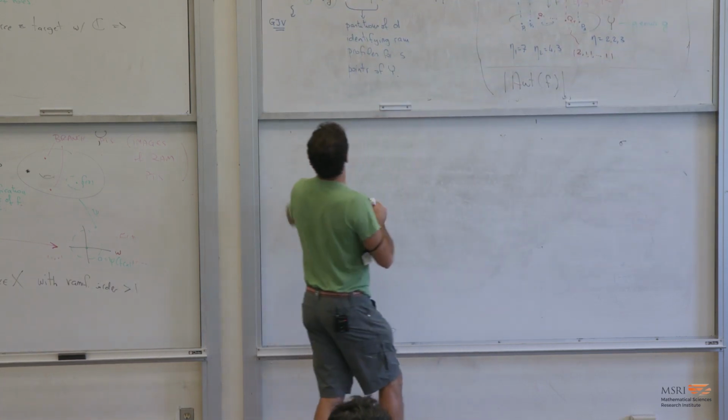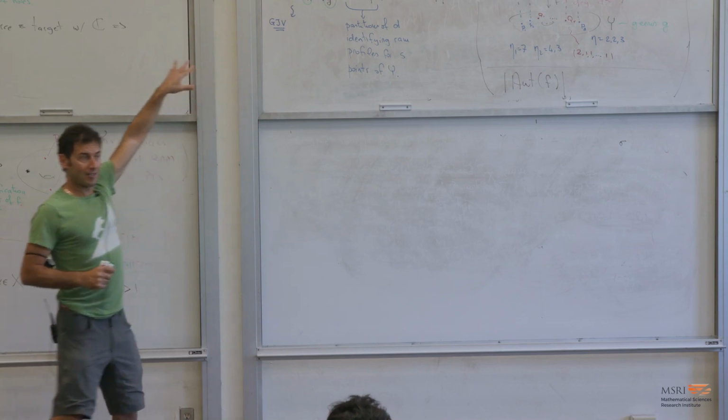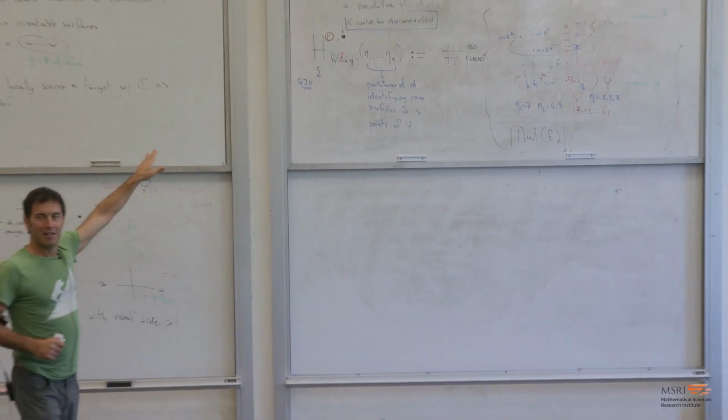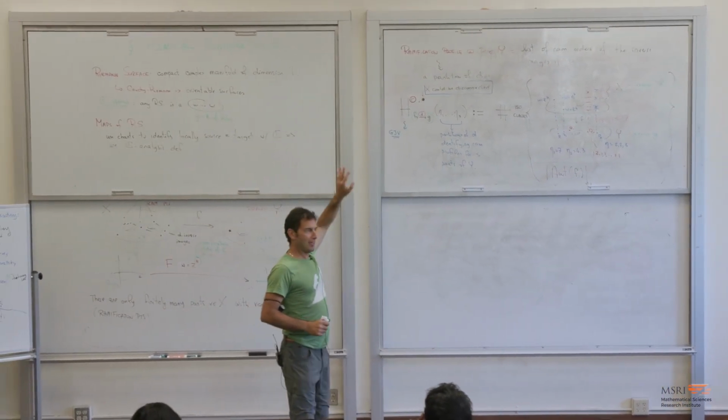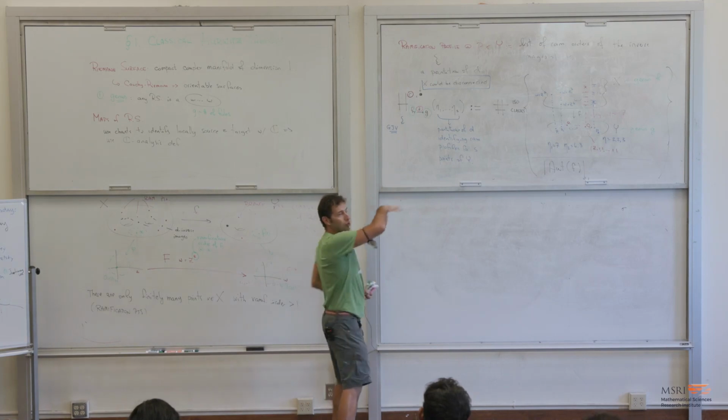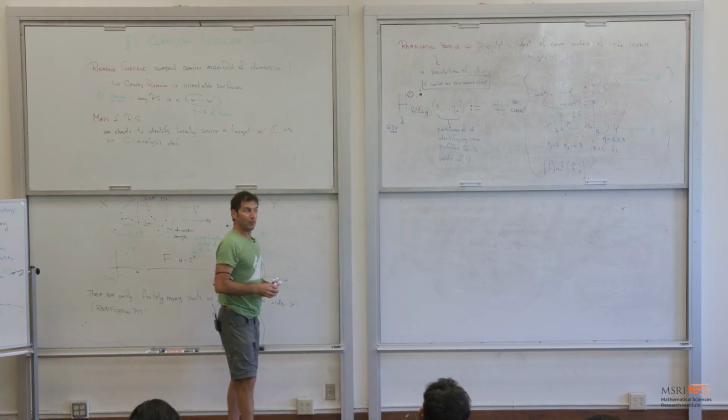Now, the next observation is that all of these discrete invariants, of course you can choose them at random, but if you choose them at random, with probability 1 that number will be 0. So all these invariants are connected by what's called the Riemann-Hurwitz formula.